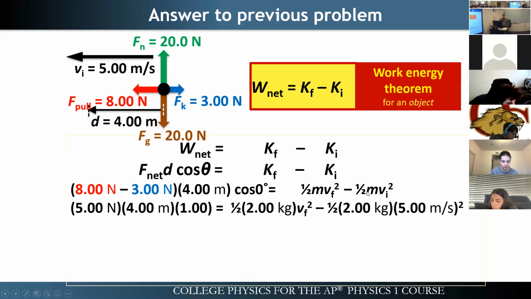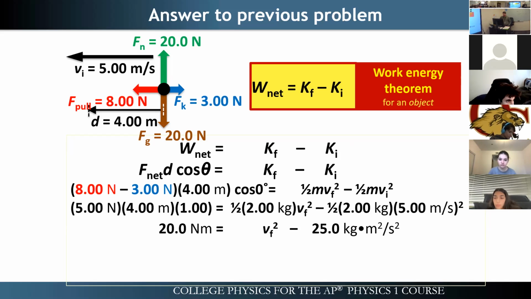And so we can plug in our 5 times 4 times 1 on the left side to get 20. On the right side, we can plug in our 2 kilograms for the masses and our 5 meters per second as our initial velocity. The only thing we have left variable-wise is the v final. Now it is squared, so we have to make sure we're noticing that.